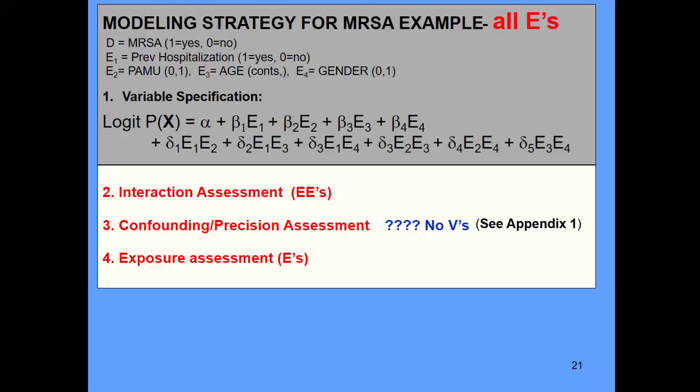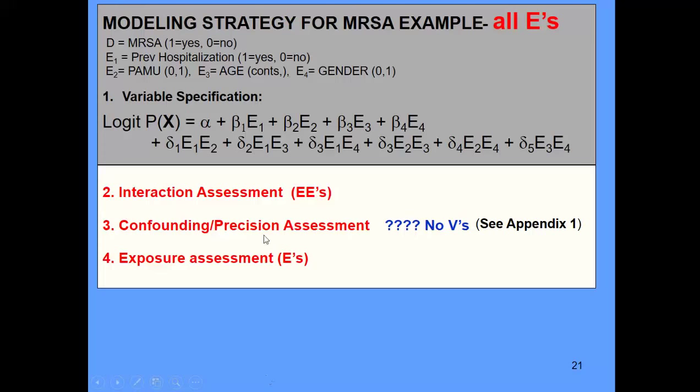You're not going to be asked any questions about it on the midterm. But if you're interested, you should try to have a meeting with me or get a group together and talk about this. Look at those slides in Appendix 1. But basically, you can skip this step if you don't have any V's. It's debatable, and the way it's debatable I describe in Appendix 1, but that's what most people do. They skip the step. That's what most statisticians do, okay?